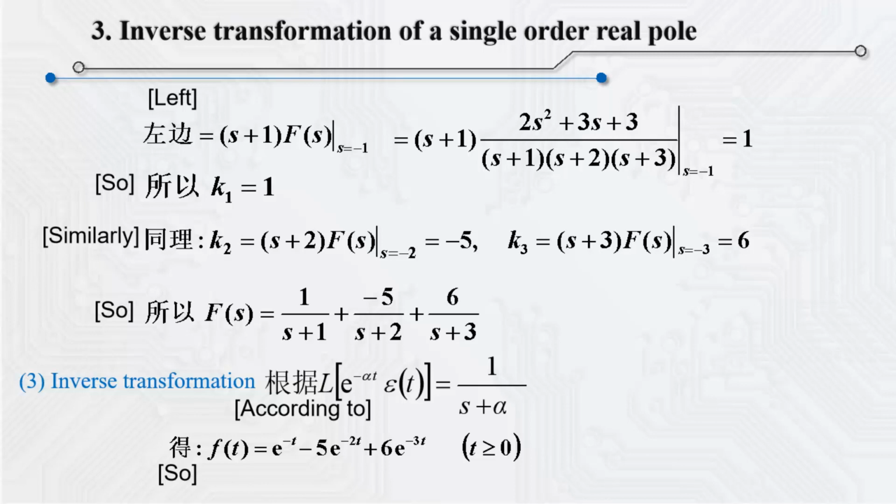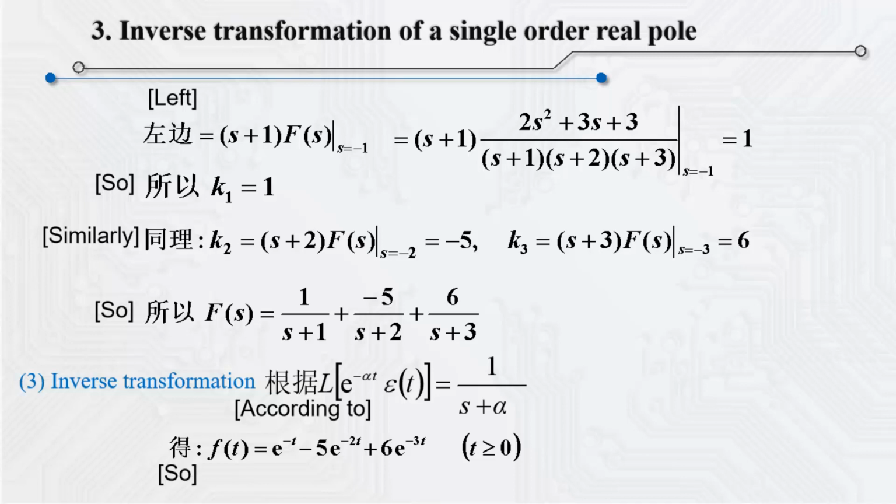Make s equal to minus 3, and we will get k3 equals 6. Then F(s) is equal to 1 over (s plus 1), minus 5 over (s plus 2), plus 6 over (s plus 3). We can solve f(t) based on this formula.